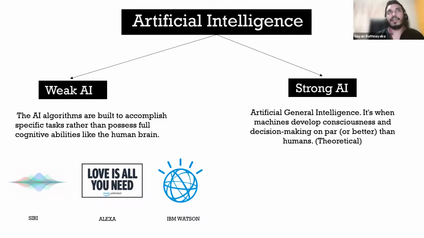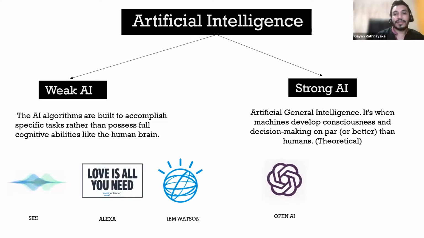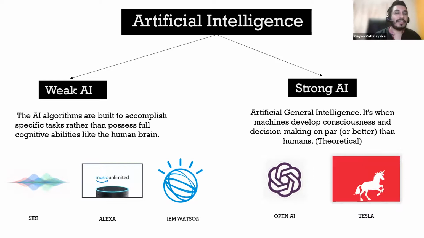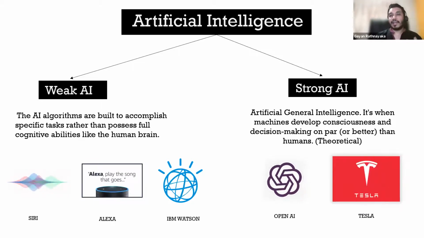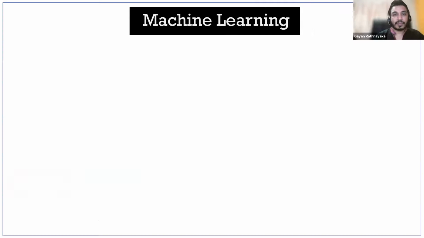Today, we are mostly focusing on the GPT-3 model and Codex, property of OpenAI. OpenAI mostly focuses on artificial general intelligence. So yes, we have OpenAI and companies like Tesla. Tesla has this, you all know, right? Autopilot cars and all. For that also, you have to touch some kind of territory of strong AI, right?